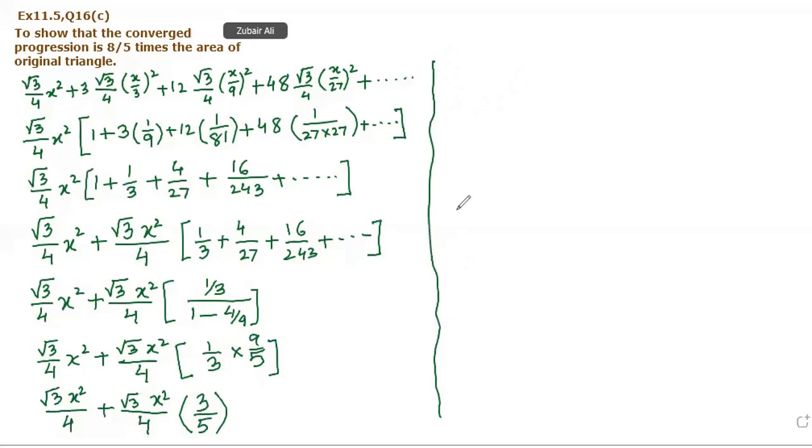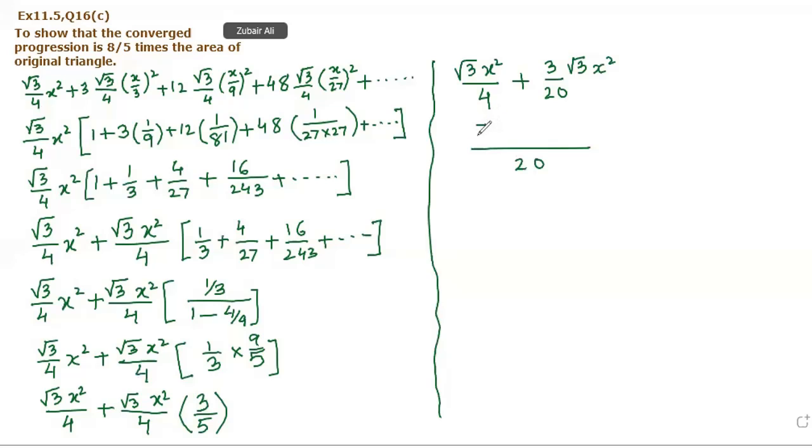Okay, so the separator is here. So under root 3 x square upon 4 plus 3 upon 20 under root 3 x square. So the LCM will be 20.